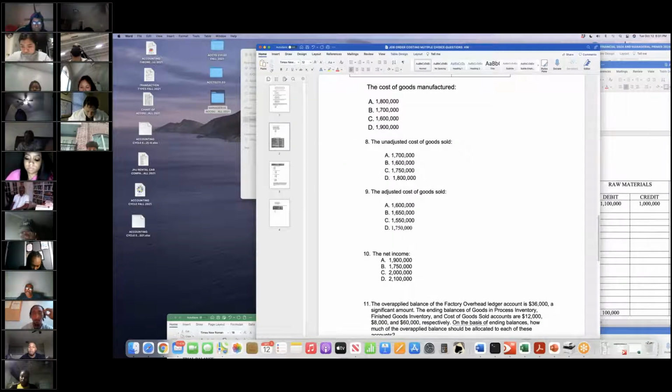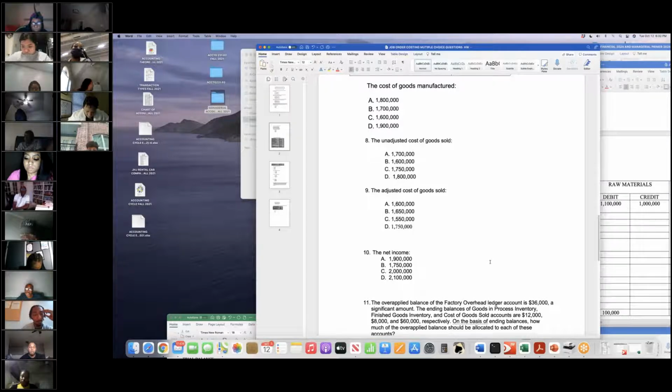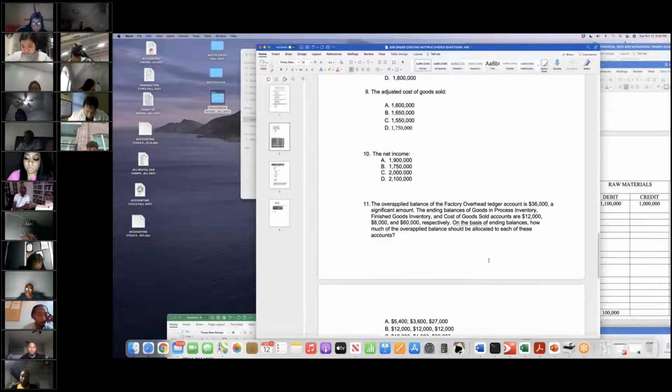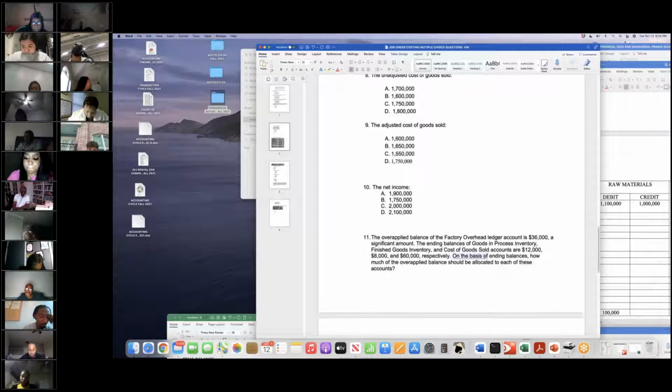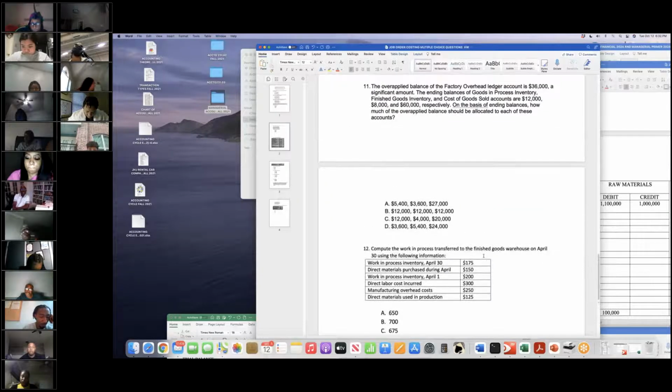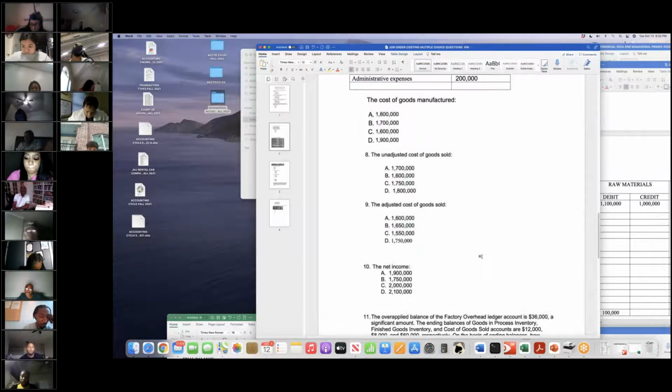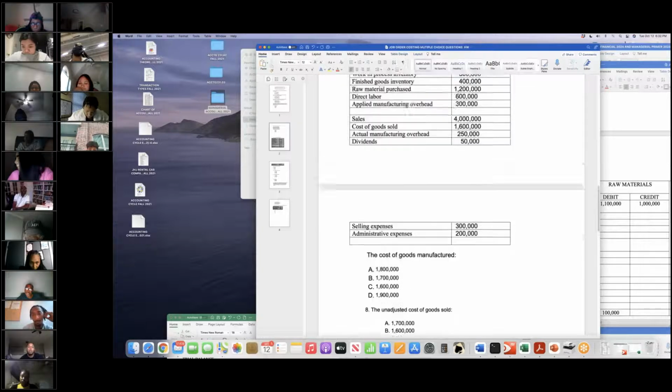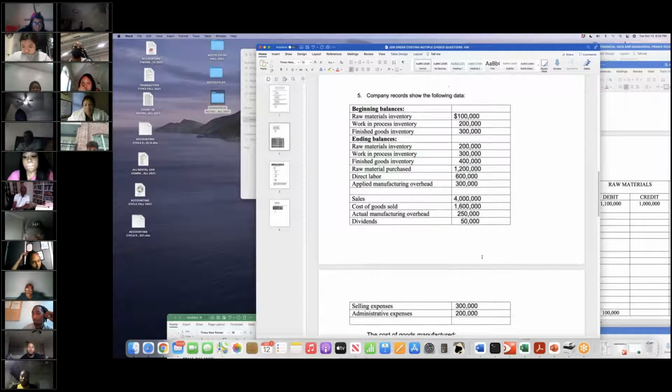And they want you to go through and make a range of calculations: cost of goods manufactured, unadjusted cost of goods sold, adjusted cost of goods sold, and net income. So can you make these calculations?